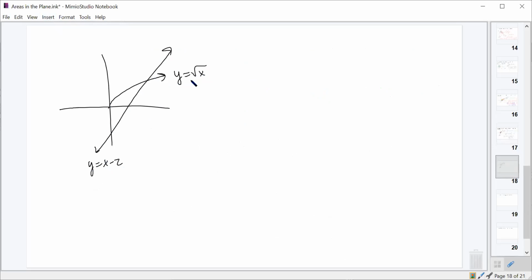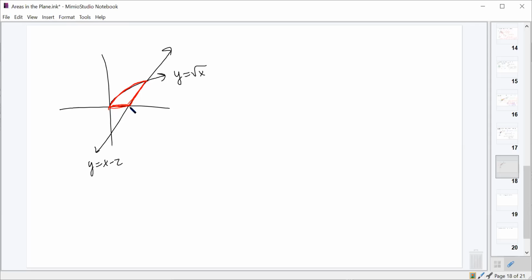Anybody see a good way to go about doing this one? Could you just do the integral from 0 to 4 of square root x minus 2 dx, minus the integral from 0 to 2 of x minus 2, like subtract the overall one from the negative value down there?